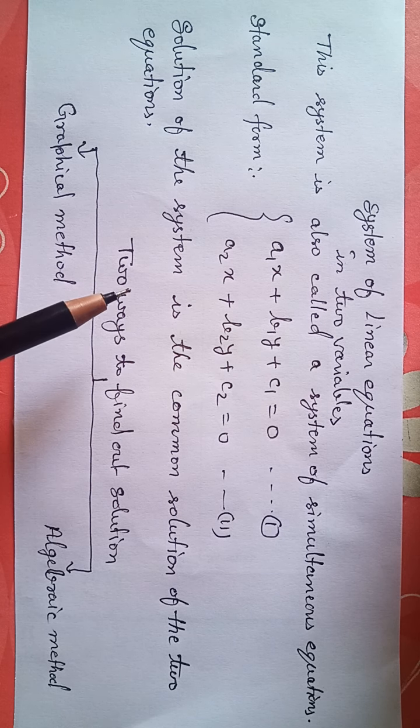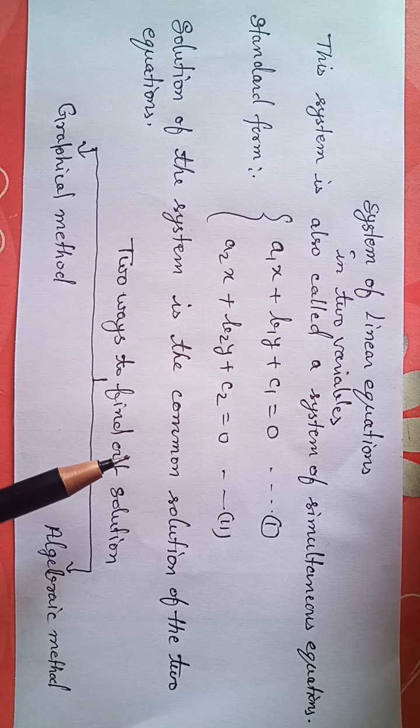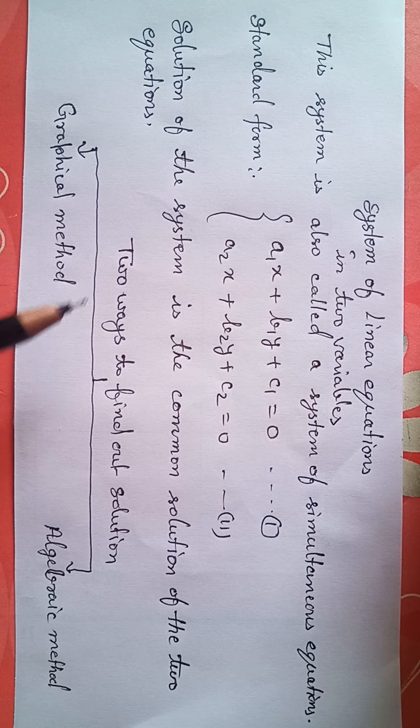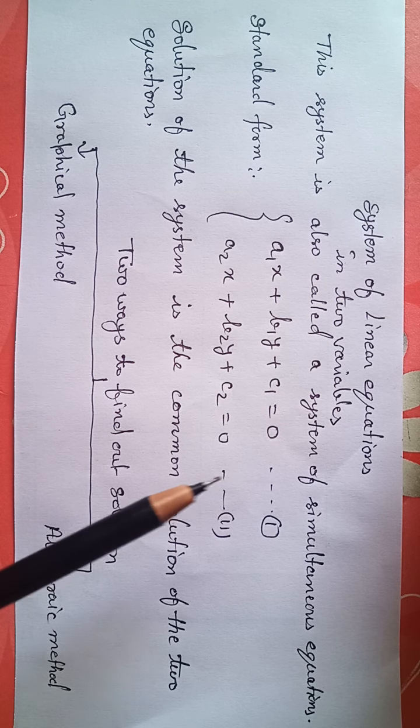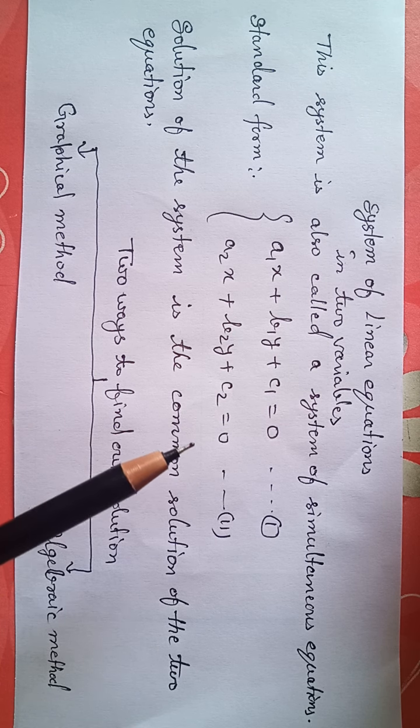Now there are two ways to find out the solution. The first one is the graphical method and the second one is the algebraic method. In the graphical method, we try to solve the two equations on the graph paper, and in the algebraic method we deal with each of the linear equations algebraically.